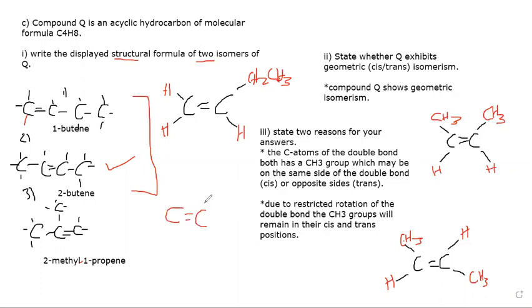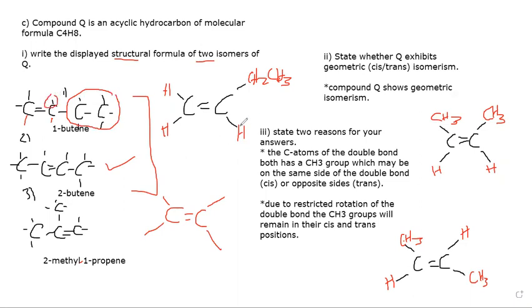So the cis arrangement is that you draw diagonal lines from the carbon atoms of the double bond, and then you put whatever was attached. After this carbon of the double bond, you have a CH2 group here, so all of this is a group. And the hydrogen that would be here is a group.